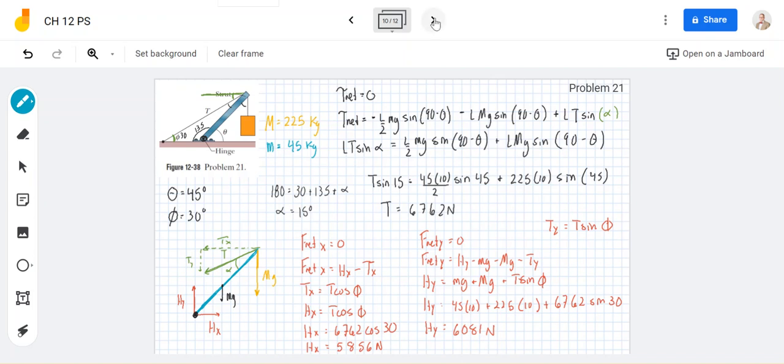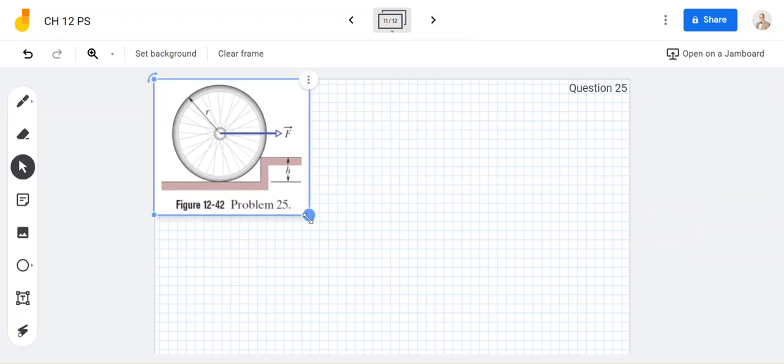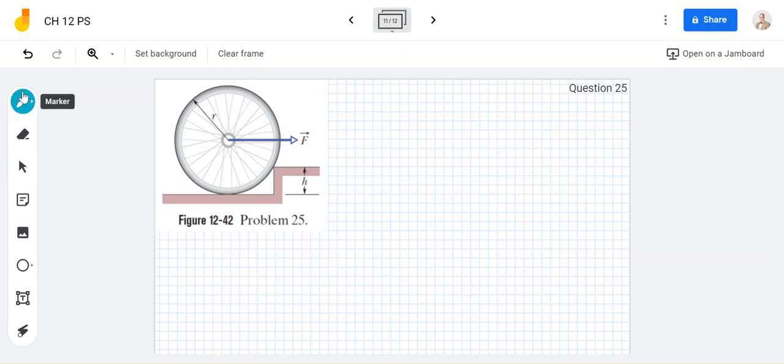All right, let's move on to the next one here. Now, this next one, it's a little bit conceptually challenging. I'm going to blow this up because we're going to need a little bit of geometry. But what it's saying here is that we have a wheel here, and let me write a couple of these things down here.